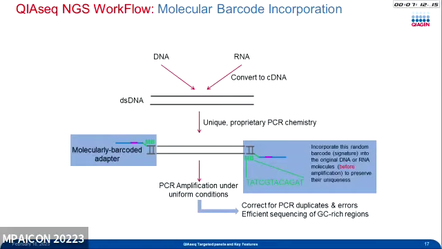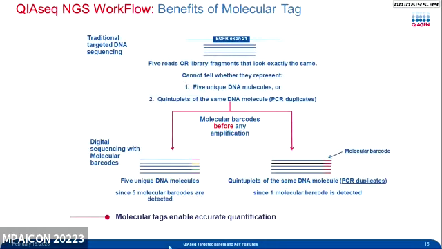Next is the molecular barcode incorporation, or unique molecular indexes, where we attach the molecular barcode as an adapter sequence before the PCR amplification. After the PCR amplification, we are able to tell for amplicon sequences at the same position whether they are coming from a single original molecule or from unique amplicons.